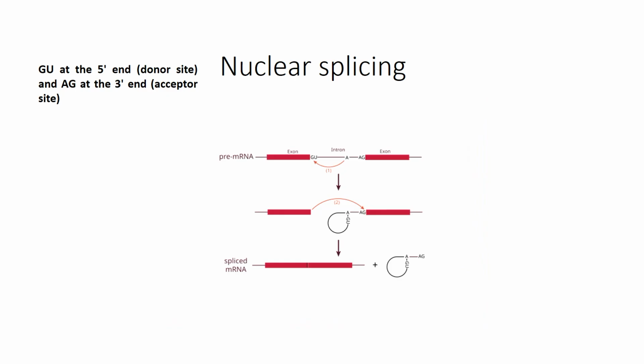In nuclear splicing, if I give you this simple diagram, this is one exon, this is another exon and this is the intron.